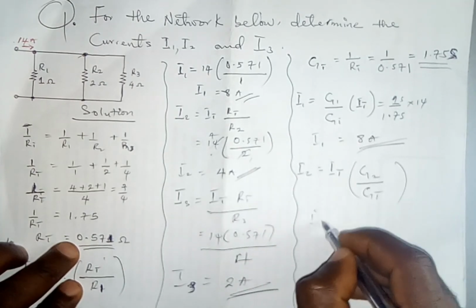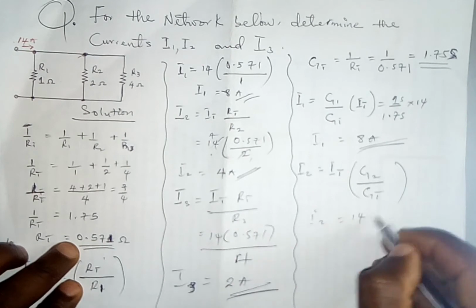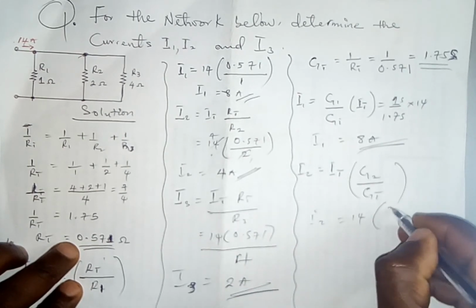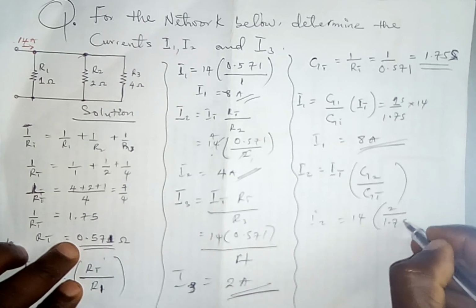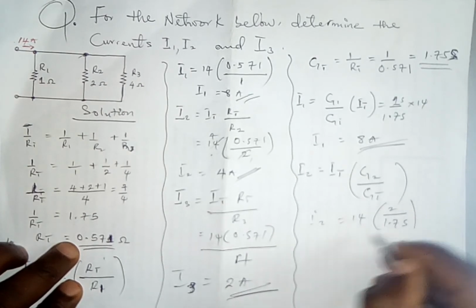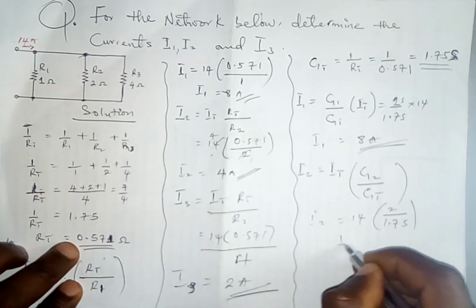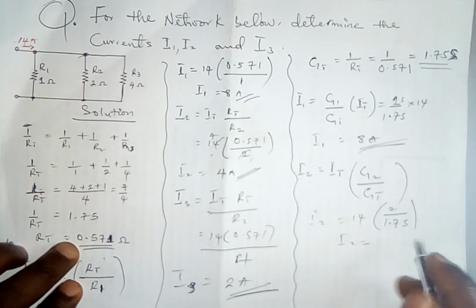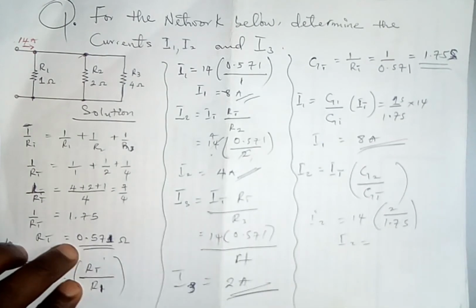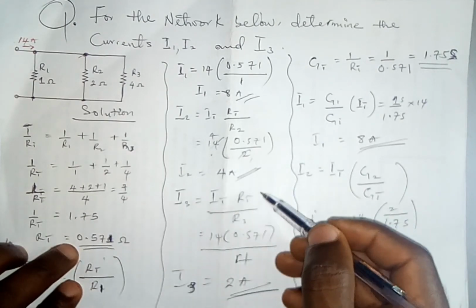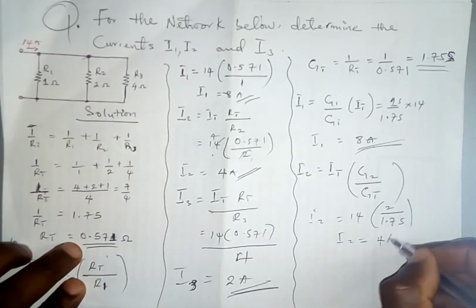By the time we substitute, we are going to have 14 into G2, which is 2, over G total, which is 1.75. So our I2 is still going to be the same thing, 4 ampere.